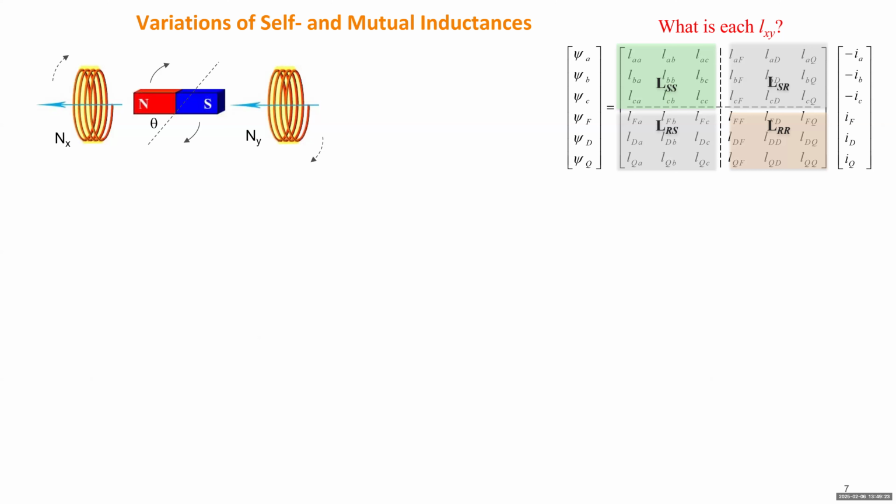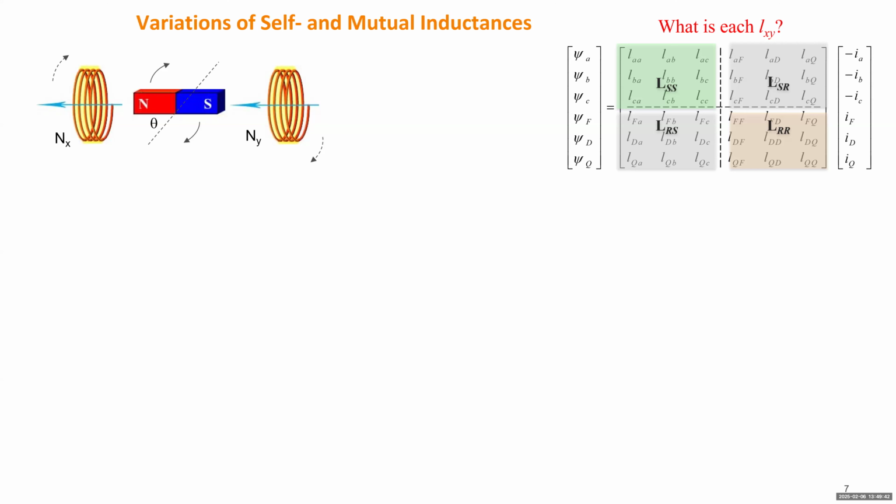Here we assume the rotor will revolve at angle theta, and theta is a function of time. To evaluate each self and mutual inductance, we need to find the formula to calculate the inductance.